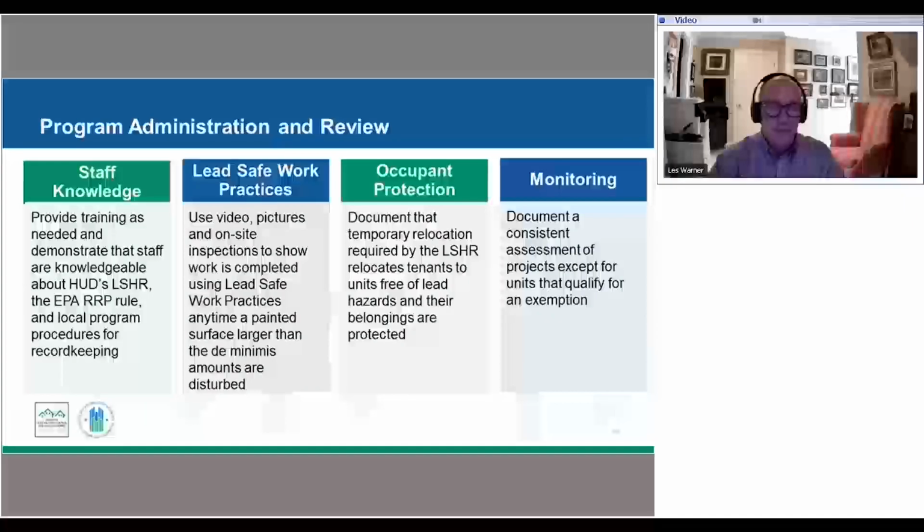So we're able to show that we've got a working knowledge, based on what their role is, on implementation of the lead safe housing rule and the EPA rule, that they understand what we've been talking about: key definitions and steps, who needs to be certified at what level, and the documentation that would be completed.